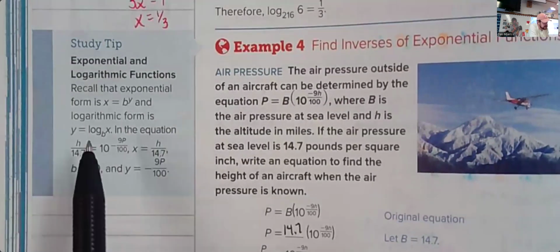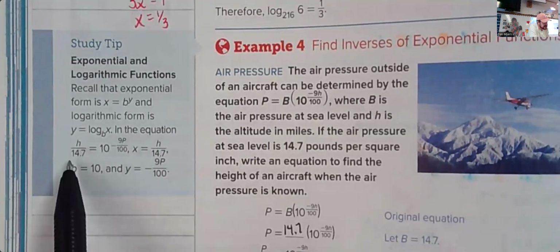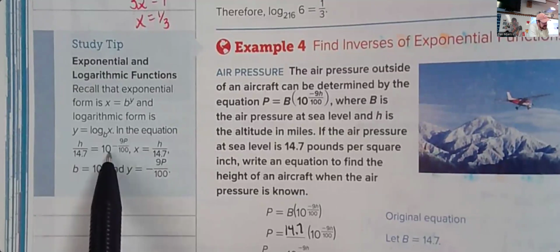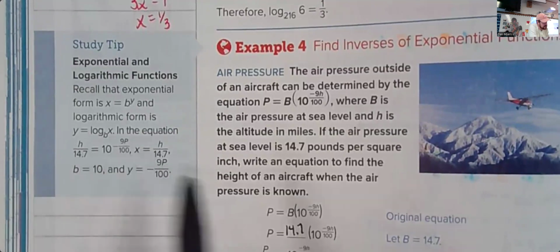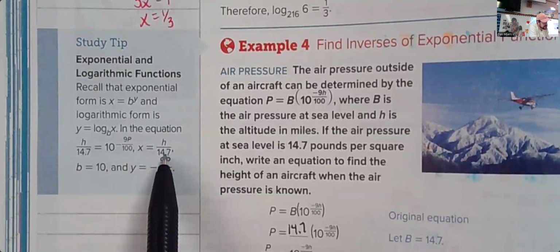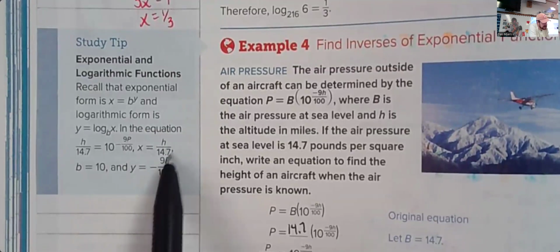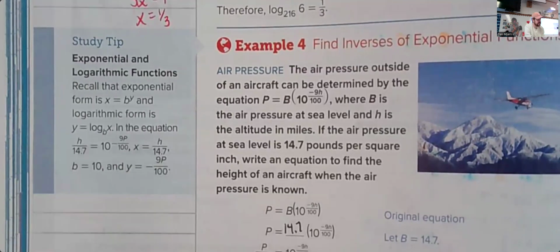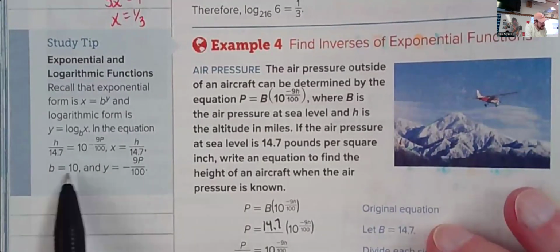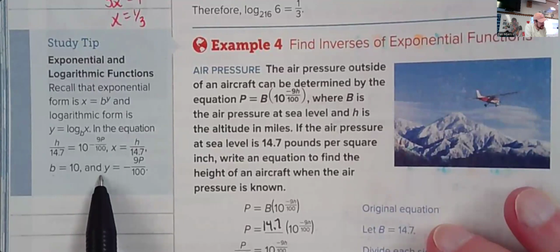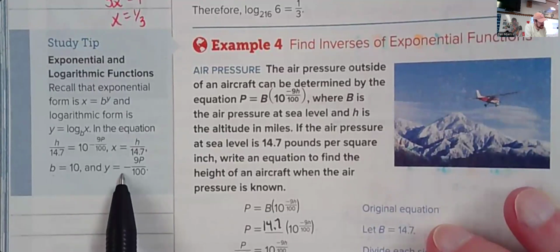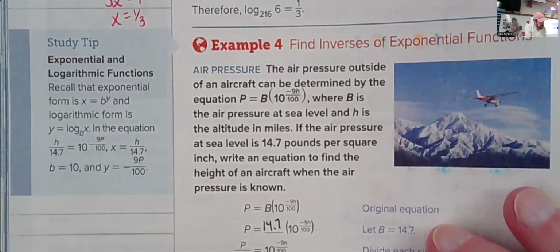So in the equation P over 14.7 equals 10 to the negative 9h over 100 power, x, the argument, is equal to P over 14.7. So b is equal to 10, and y is equal to the exponent of negative 9h over 100.